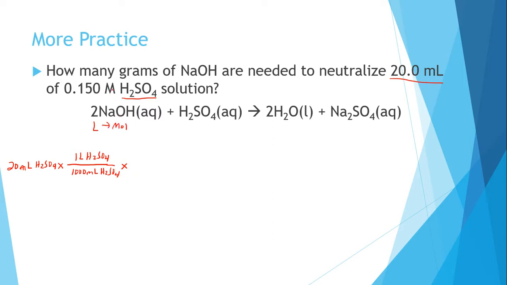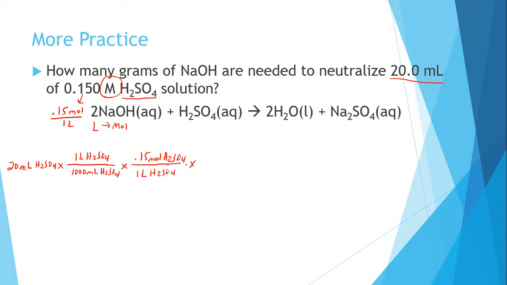Remember, we do that with this molarity right here. This can be rewritten as 0.15 moles all over 1 liter. So if we're going to do this, we can say 1 liter and then 0.15 moles.